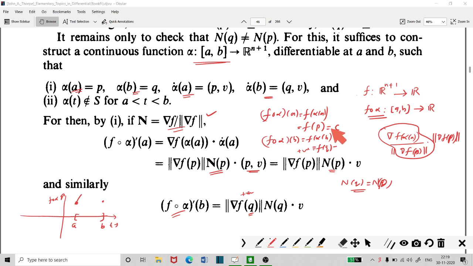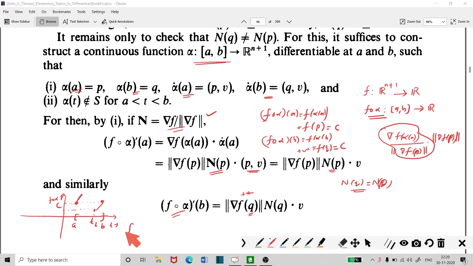Q is again a point on S, because this point q is nothing but the point of minimum of that function g attained on the surface S. So this f of q is also c. So we can say that f composition alpha at a and at b have the same value, say c. So we have c here. Then here the function is increasing. We can say that here also increasing. Okay, this is the first case. If this is the case, you can get a T2 here. Say this is T2.